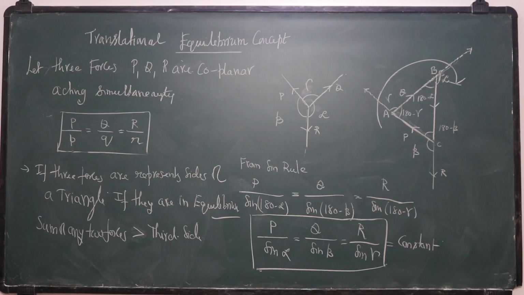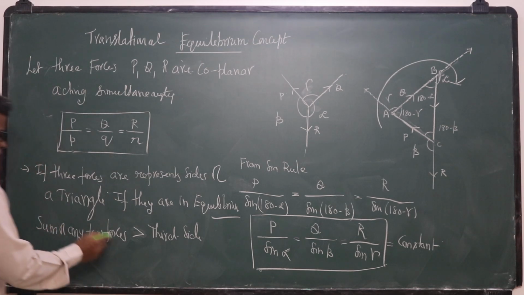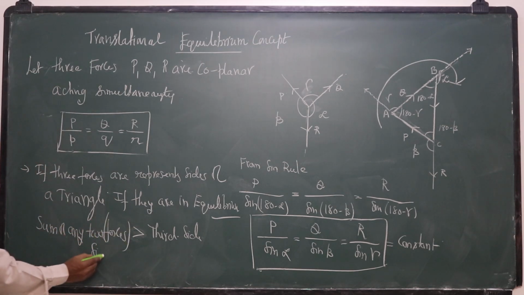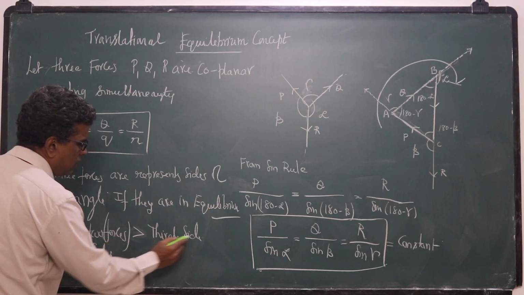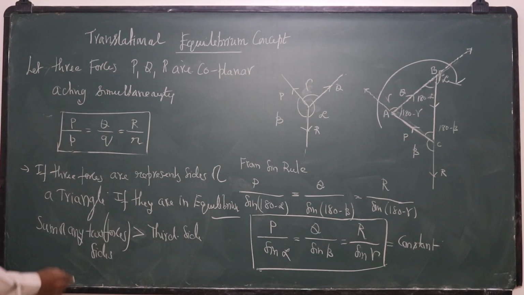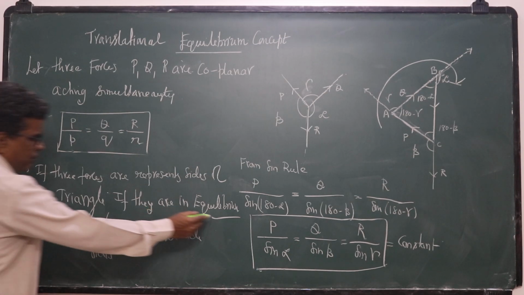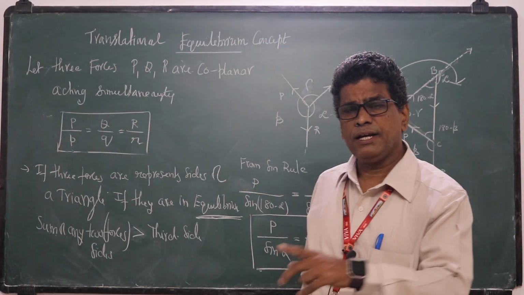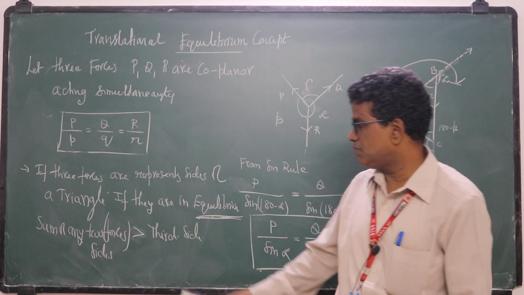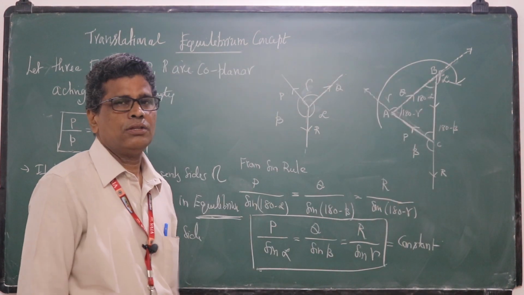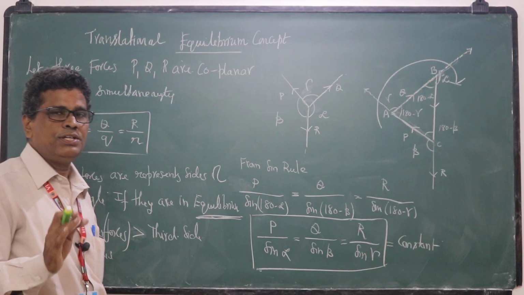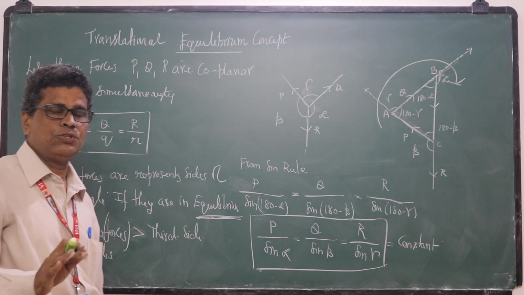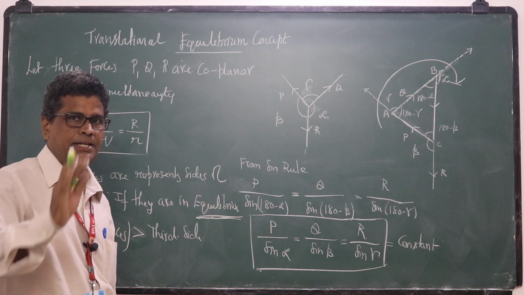So the sum of any two sides, forces being sides, should be greater than the third side. This is the condition for equilibrium. With the help of this condition, we can check whether the three forces keep that particle in equilibrium or not. The sum of two forces should be greater than or equal to the third one. So these three forces should be concurrent and acting simultaneously.